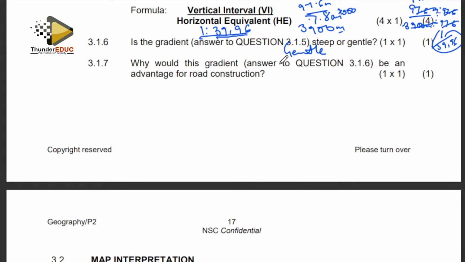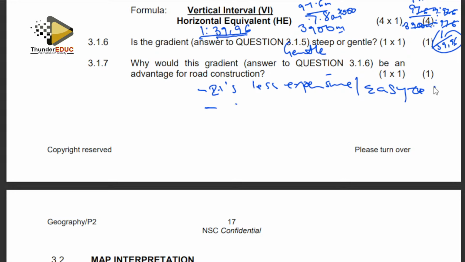So why would this gradient in that above be an advantage to the road construction? You see, if you're constructing a road, you can easily construct it where it is gentle. Why? Because it is less expensive to construct. Or you can say it is easy to construct a road on a gentle gradient, but it is very difficult to construct it on a steeper gradient. So it is easy to construct it, it is cheap also, it's less expensive.